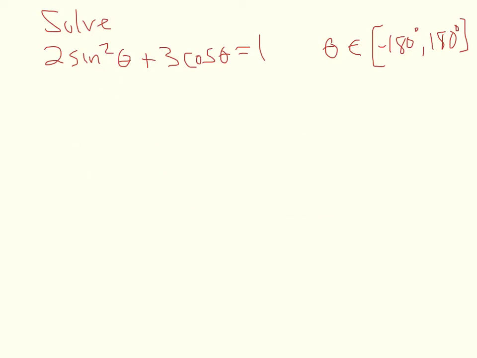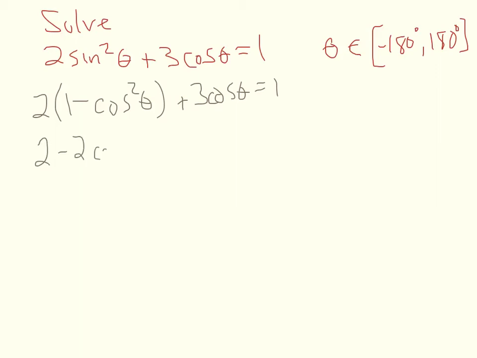So 2 sine squared becomes 2 times 1 minus cosine squared, plus 3 cosine theta equals 1. Let's distribute. We've got 2 minus 2 cosine squared plus 3 cosine theta equals 1.